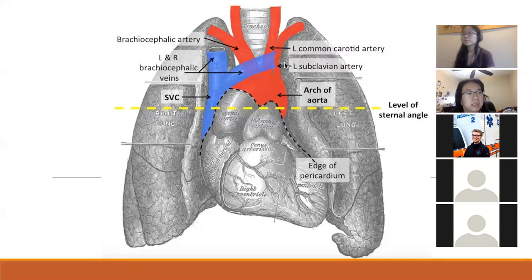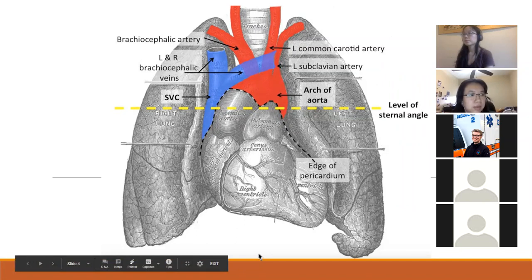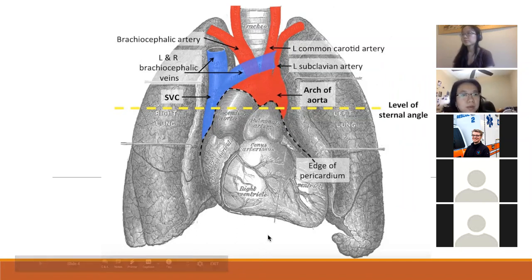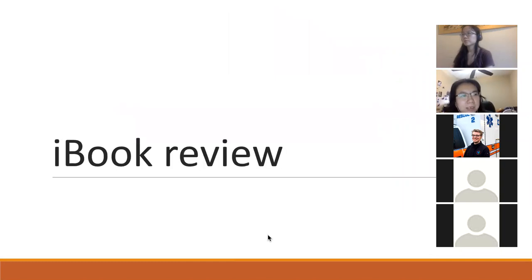And then the aortic arch splits off into the brachiocephalic, the left common carotid, and the left subclavian, which collectively supply blood to the upper half of the body. And then the descending aorta, which is outside of the scope of the exam, eventually splits into the common iliacs, which supply blood to the rest of the pelvis. All right, so that's it for anatomy basics.